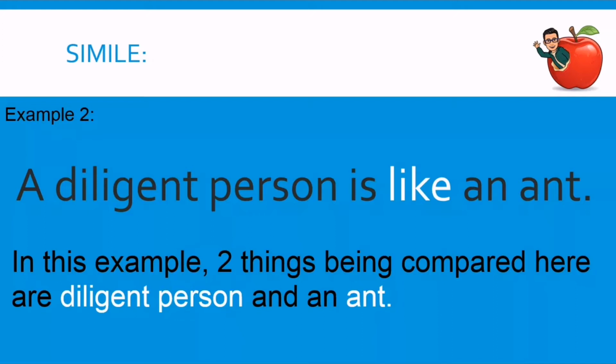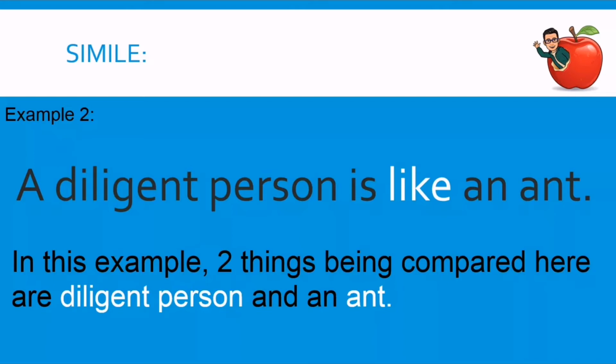So if we are diligent, mura tag ant, as what you have observed, ang ant diba hardworking, diligent sila sa ilang mga trabaho, diba? So makita man nato na sa ilang colony how diligent they are. And gigamit niya nga word pag-compare is the word like.